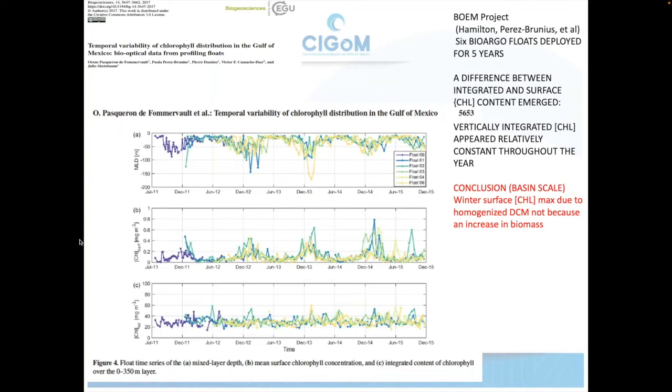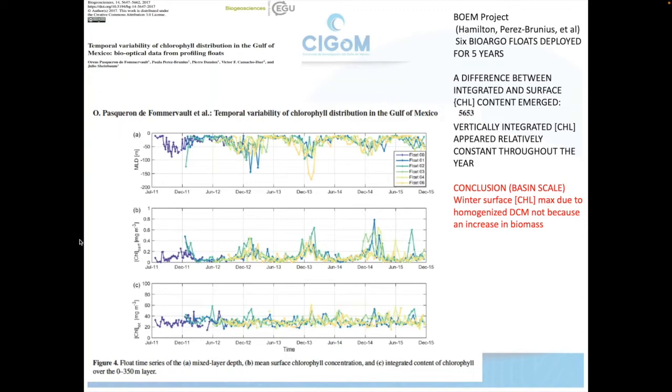But the one at the bottom, with all these floats, shows that the actual integrated chlorophyll content in the water column has an absence of a clear seasonal cycle. So this was very surprising for us.